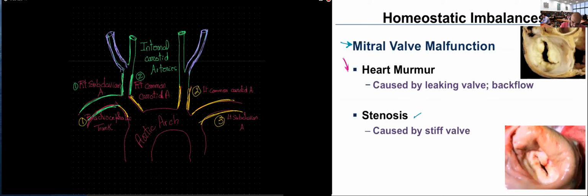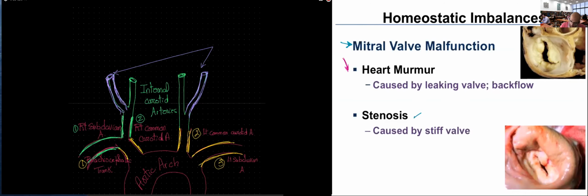Can you guess what we call the ones traveling outside to supply the face and scalp? Those are my external carotid arteries.